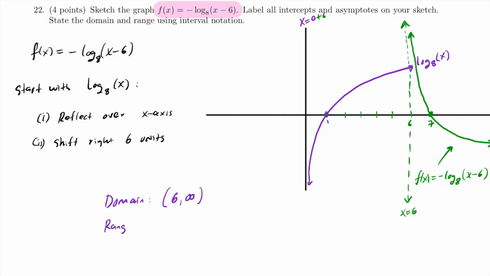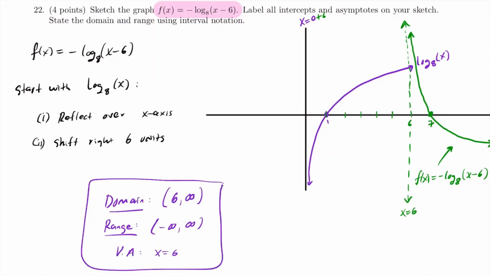The range is all real numbers because everything makes sense. And we have a vertical asymptote at x equals 6. And the intercept is also labeled. That was actually the point of transformation, 7, 0. And there's no y-intercept. So that completes our graph for this function.